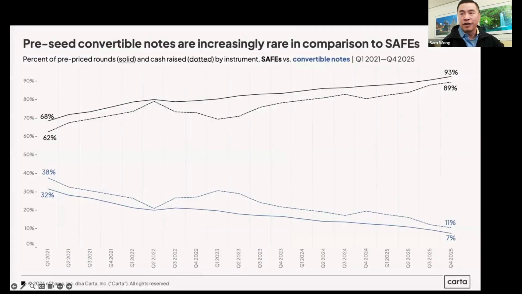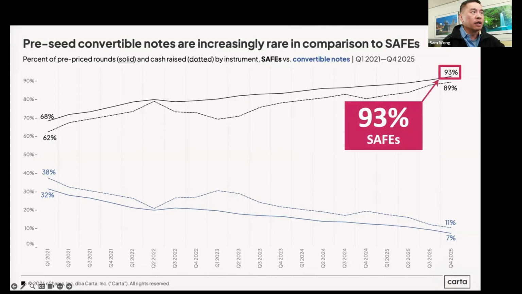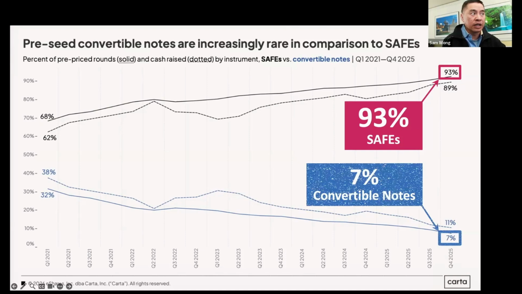Well, there's another stat from Carta where if you dig into the details, it's really almost all SAFEs. 93% of pre-seed fundraising through convertible instruments was on SAFEs, and only 7% was on convertible notes.